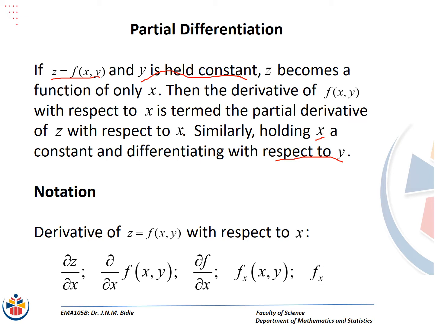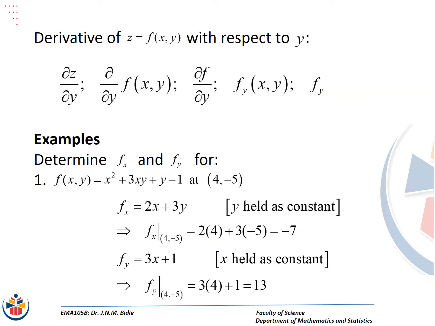And then also we can use f subscript x, referring to the fact that f, although it's a function of both x and y, we are differentiating only with respect to x and holding y a constant. Same as we are differentiating with respect to y, then we will have f subscript y, or dz over dy, or df over dy.